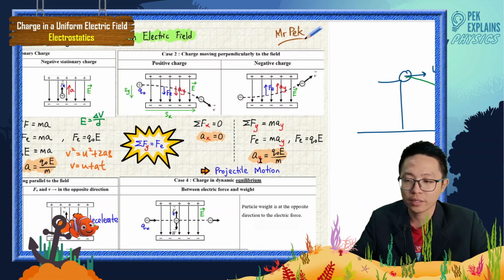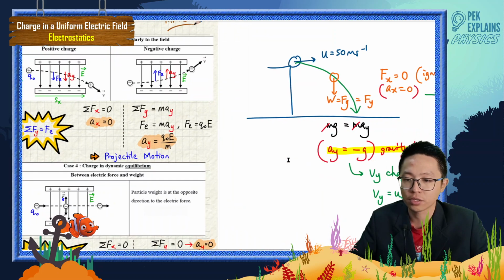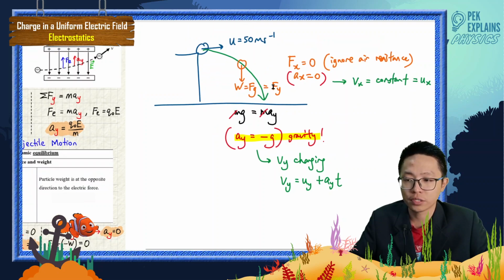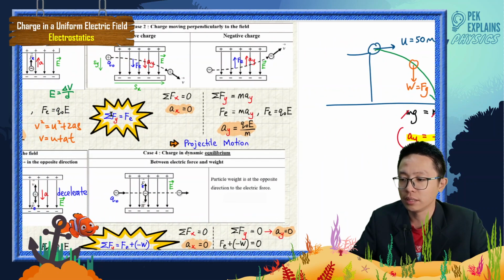It's just that the acceleration in y component is not equal to negative g anymore, because we are not talking about gravitational force. The force in y component now is the electrostatic force, Fe, not the gravitational force Fg.